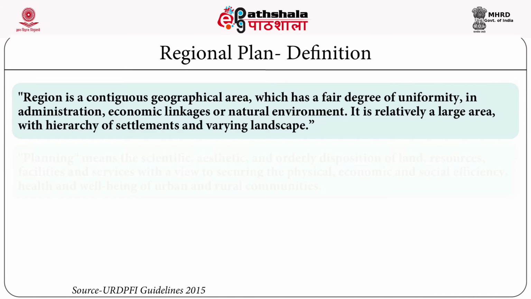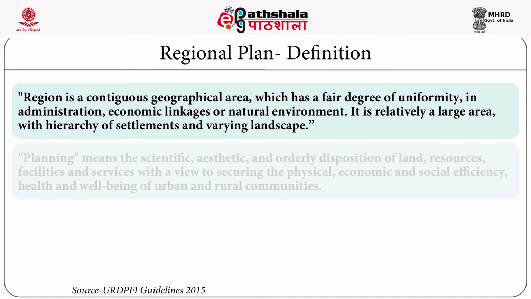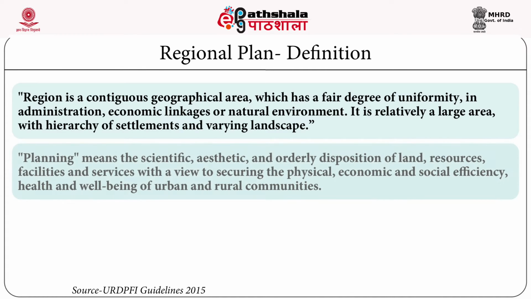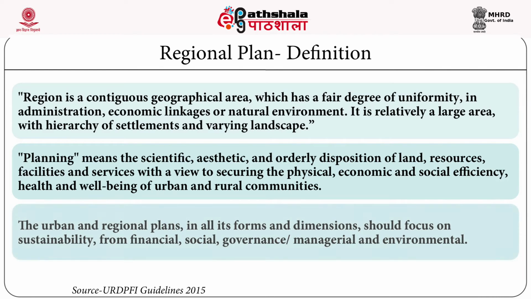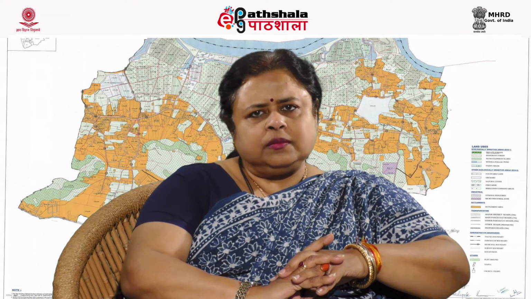And planning means the scientific, aesthetic and orderly disposition of land, resources, facilities and services with a view to securing the physical, economic and social efficiency, health and well-being of urban and rural communities. The urban and regional plans in all their forms and dimensions should focus on sustainability: financial, social, governance or managerial, and environmental sustainability.